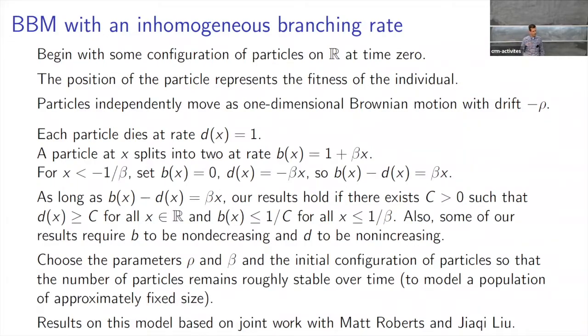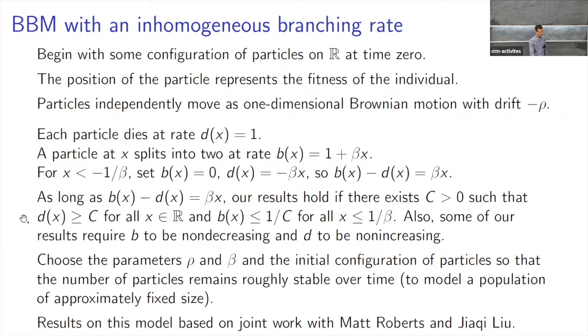All we really need is that the death rate is bounded below by some positive constant c, and the birth rate is bounded above by some positive constant for x less than or equal to 1 over beta. Some of our results also require that the birth rate be non-decreasing and the death rate be non-increasing, and those are natural assumptions given that we are interpreting the position of the particle as representing fitness.